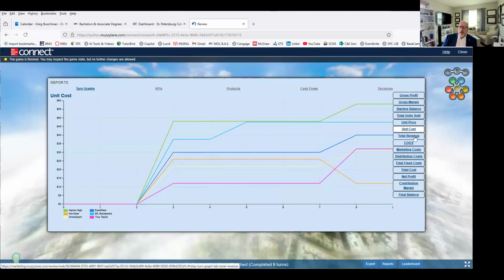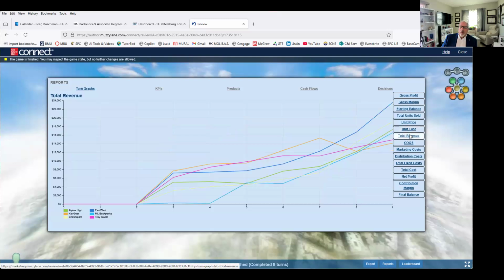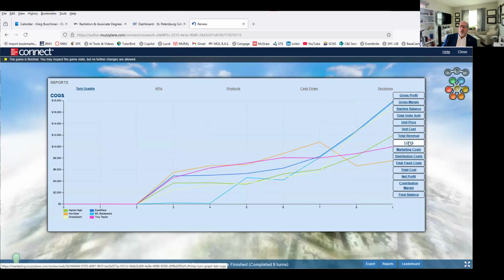We could also go in and see what their total revenue might be. And it's interesting, as the blue team, our total revenue is not too far behind the orange team. But our cost of goods sold is just out of the roof. Look how high the light blue team's cost of goods sold is.